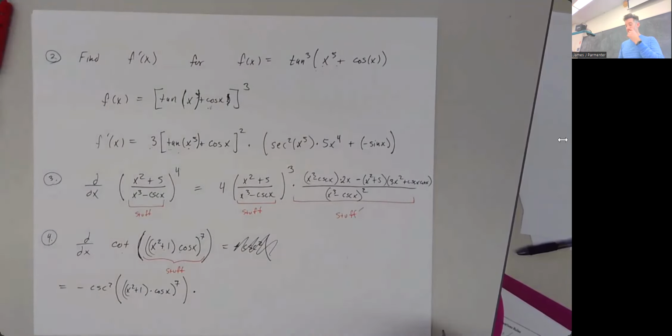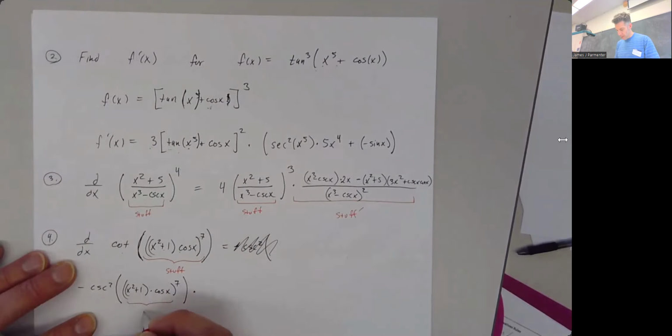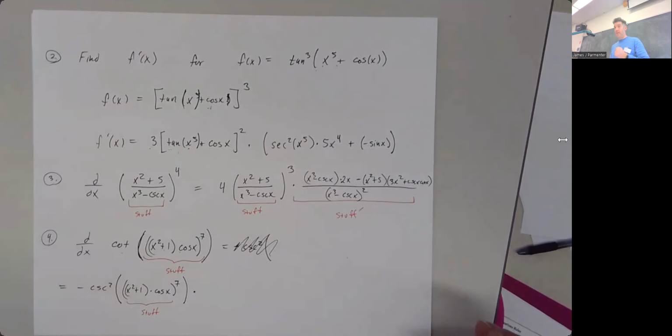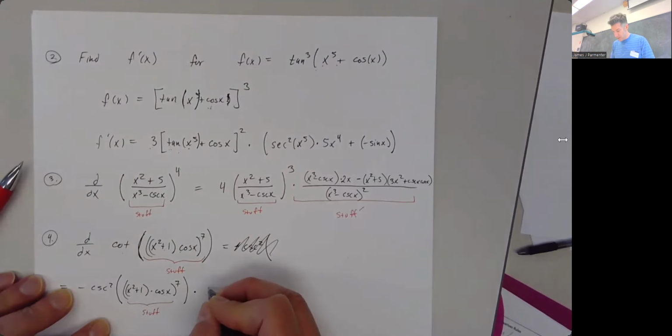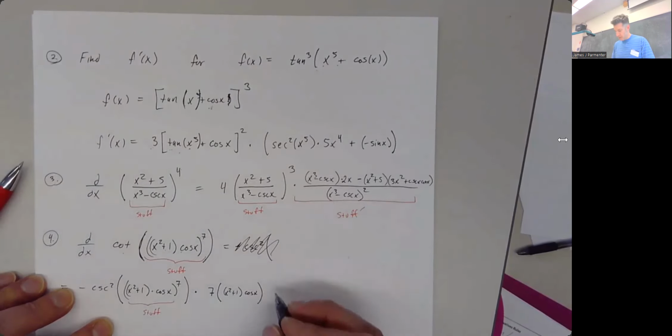Okay, so the derivative of the inside is going to be a little bit gross because I have a product, but it's all raised to the 7th power. So I have to think of it as some stuff to the 7th first before I can think about the product rule part of it. So the derivative of some new inside stuff, x squared plus 1 times cosine of x to the 7th power, is going to be 7 times that new inside stuff, x squared plus 1 times cosine, all to the 6th.